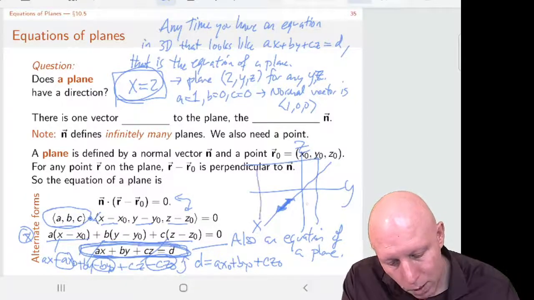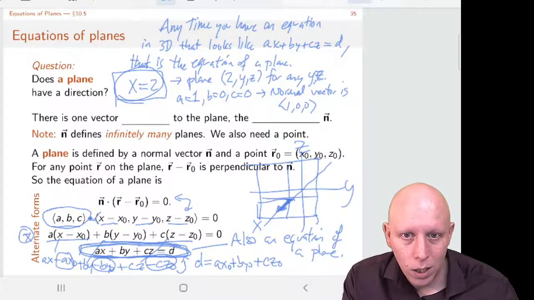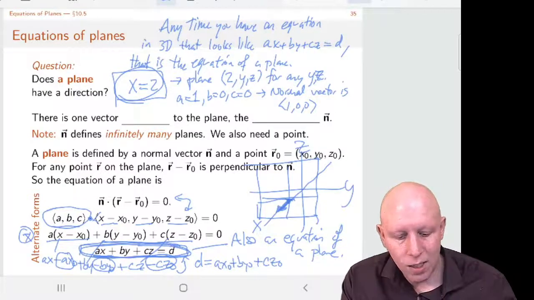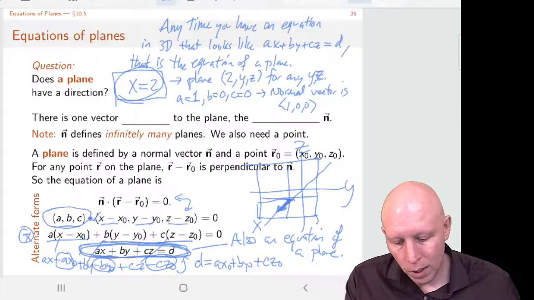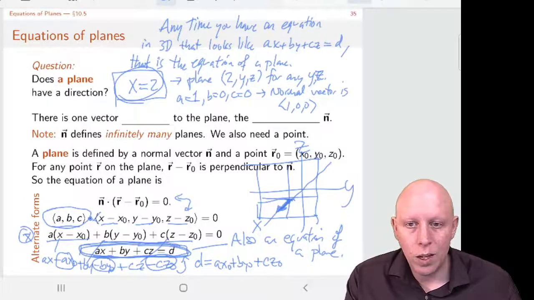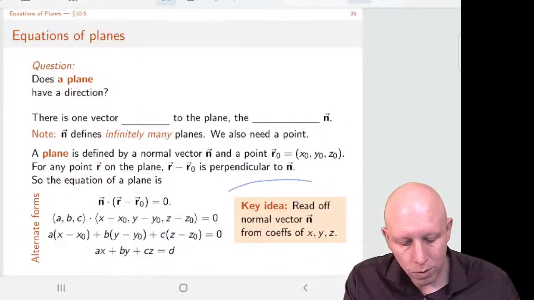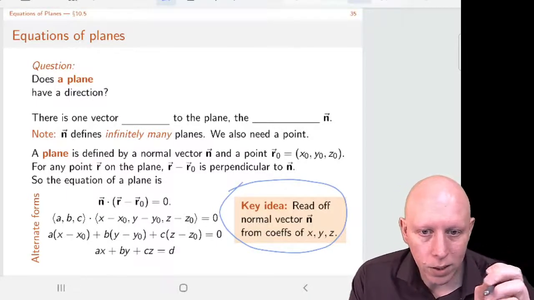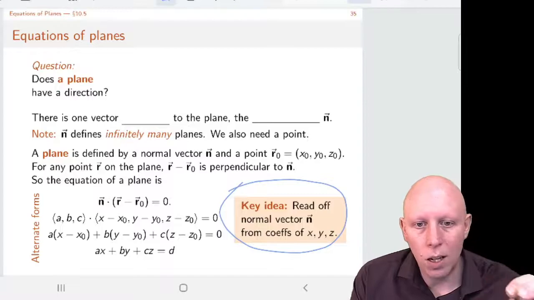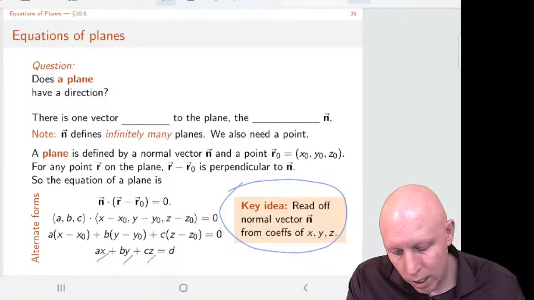And so it's this plane that goes through 2, 0, 0, but that is parallel to the YZ plane. All right, so what we've applied here is this key idea that you can read the normal vector off of the coefficients of the x, y, and z in this equation.